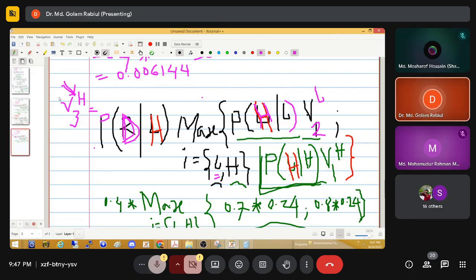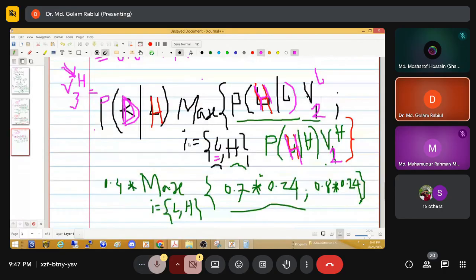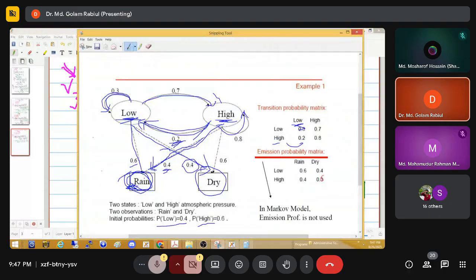And then we have to consider I equal H, and V2H. Dry given high, this probability we have to find out from our model. Dry given high is 0.6.